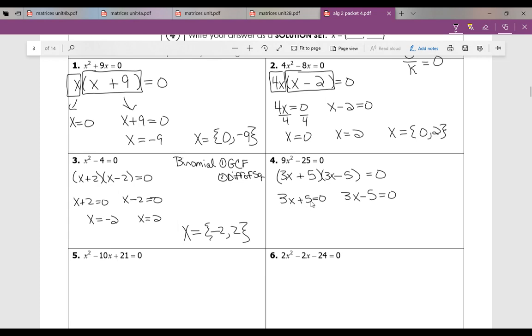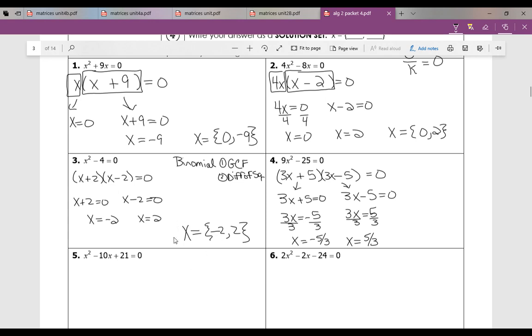So first equation from the first factor, second equation from the second factor. Subtract the 5, divide by 3. On the second equation, I'm going to add 5, and then I'm going to divide by 3. Now, every time you factor a difference of squares, notice that you get one of each answer.